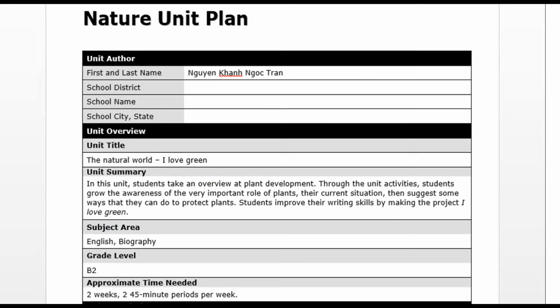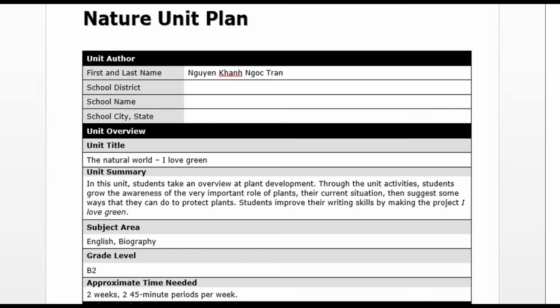Here's my unit plan. Unit 6 for grade B2, the natural world: I Love Green. In this unit, students take an overview of plant development.